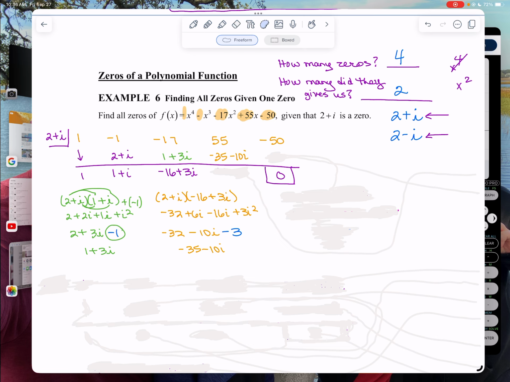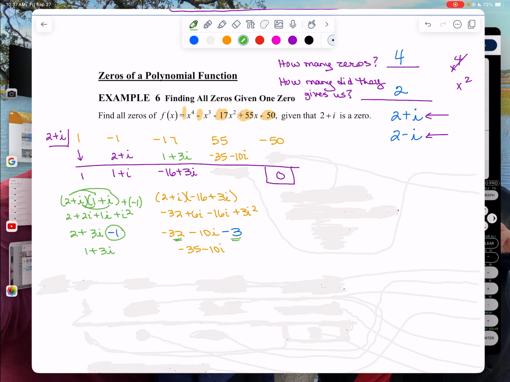Again, at the end of my FOIL, I get an i squared, which all that means is I'm going to take that plus 3i squared that I got at the end, and I change it to a minus 3. Simplify by taking the minus 32 minus 3 more, so that gives me minus 35.